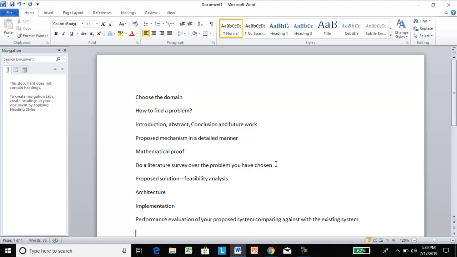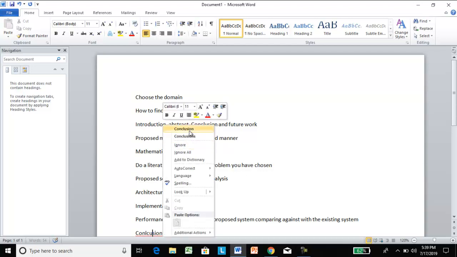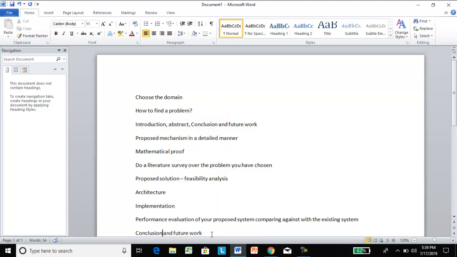If you have a performance improvement over the existing system, your idea is good and you can show that. Then once again, you need to give your own conclusion and future work.